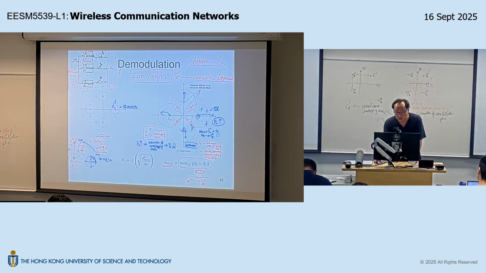And this is, I hope, much easier to understand compared to if you have an electrical engineering background before in your undergraduate. I think most of the time, the approach you learn for digital communication error analysis will be the algebraic approach, where you go through some tedious algebraic analysis, and the error probability is a Q function of something, okay?